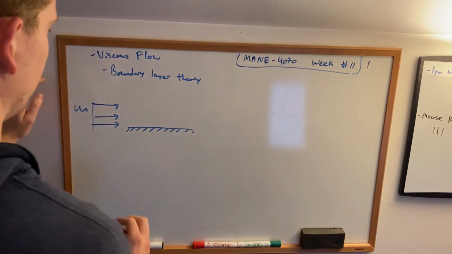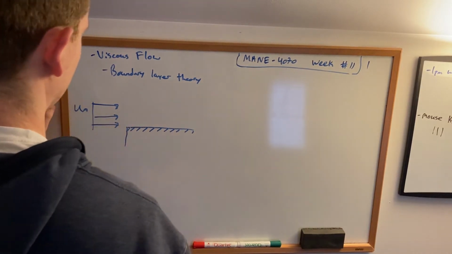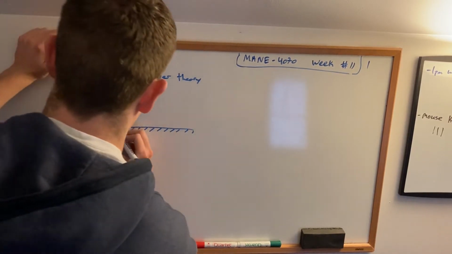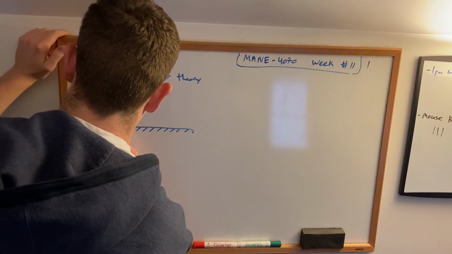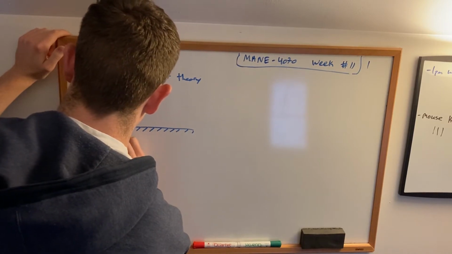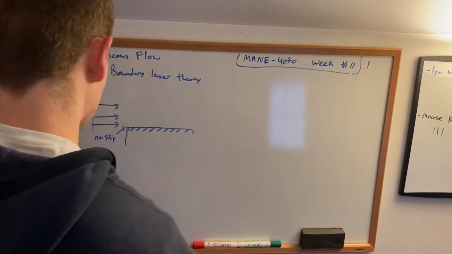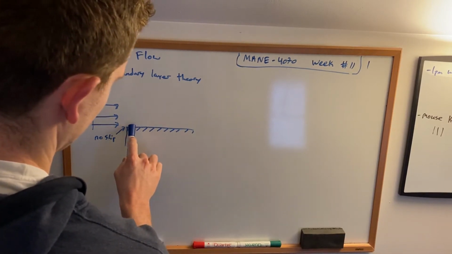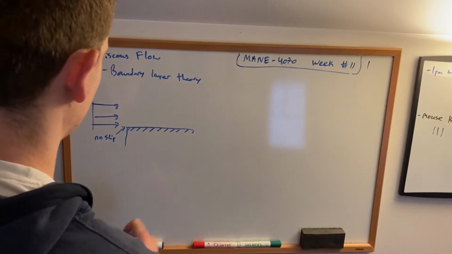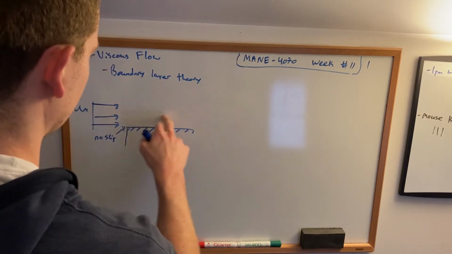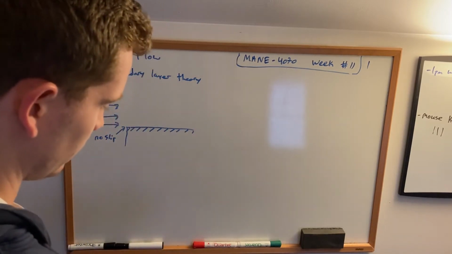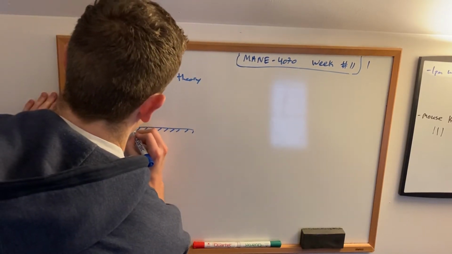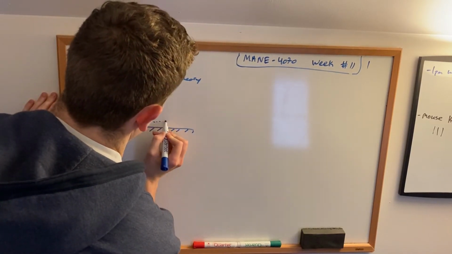A boundary layer is a viscous effect in which, due to the no-slip boundary condition, which you guys should be familiar with, there won't be flow at the surface, but there's obviously flow away from the surface. There's going to be some U infinity. So there is some region in which viscous effects dominate and slow down the flow.